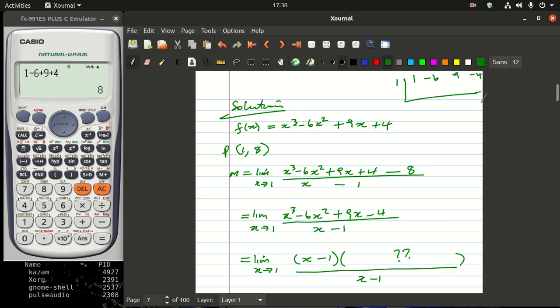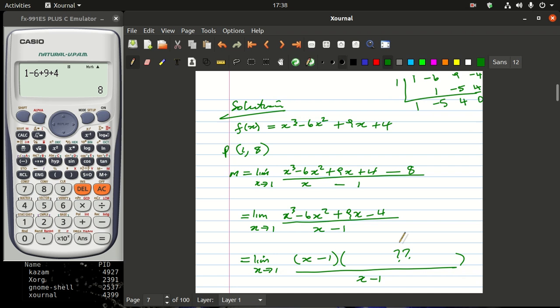And then I'm going to use long division. This one, you drop it as it is, and then after that you multiply this with that, you place it here, you get a 1. You add this and that, you get a minus 5. Minus 5 times 1 is minus 5. Minus 5 plus 9 is positive 4. Positive 4 times 1, you get a positive 4. Positive 4 and minus 4, you get a 0.